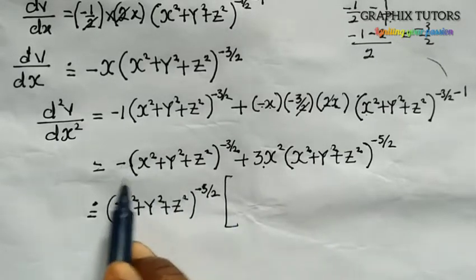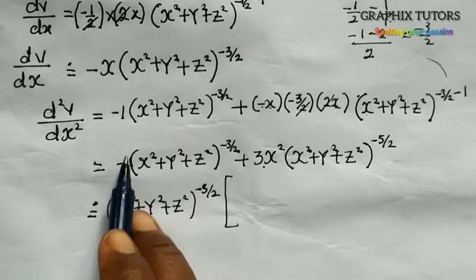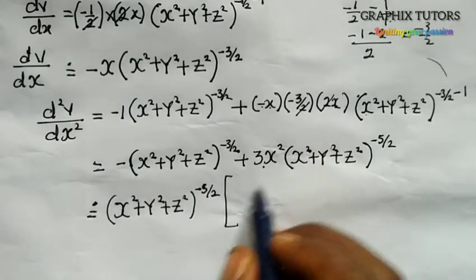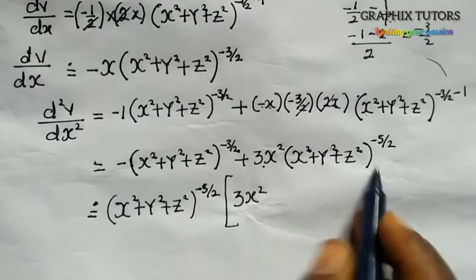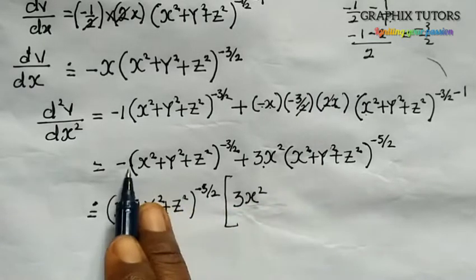So what is close to this? What is close to that? Minus 1 is close, so I'll leave the minus 1. I'll leave the 3x squared close to it here, because that is what is close to it. Because this time this will give us this.